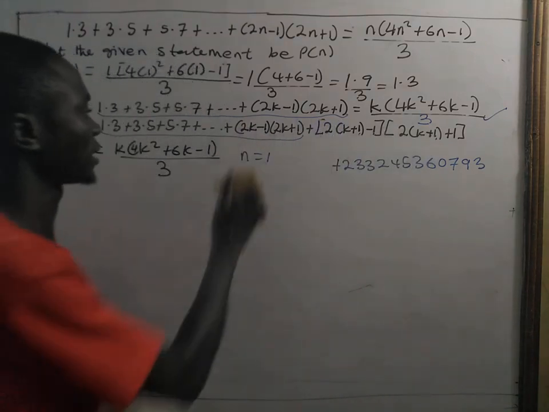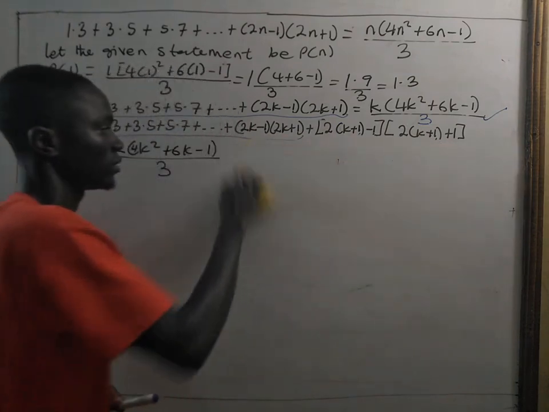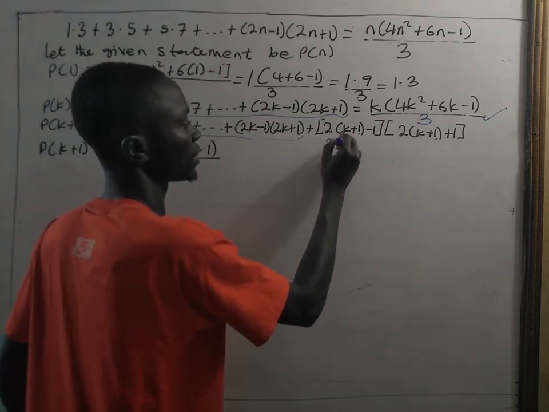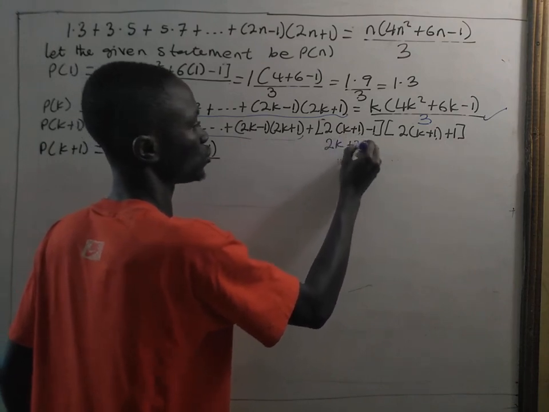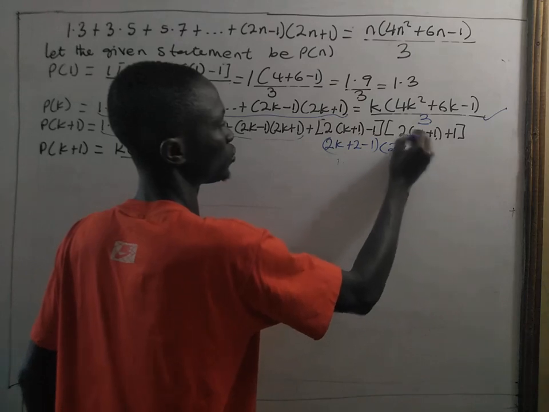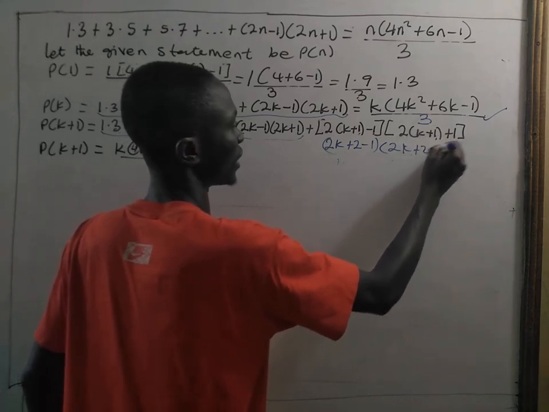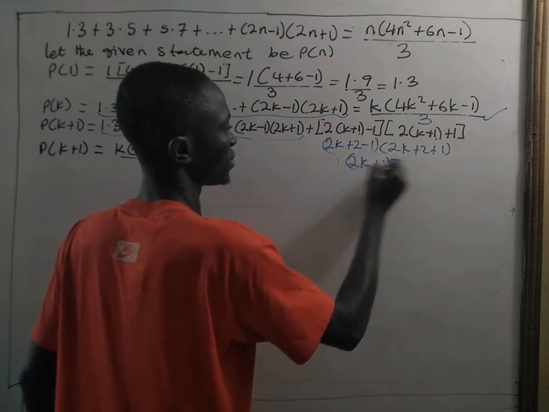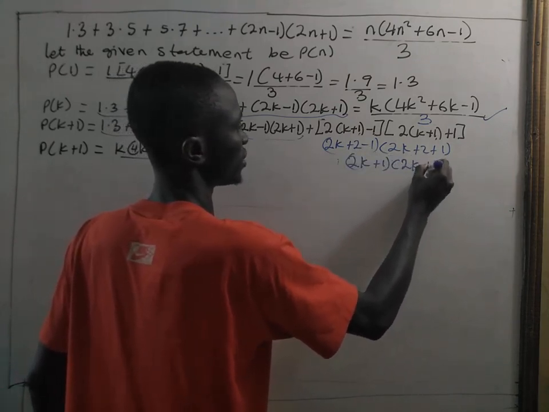So let me expand that one. That one will give me 2 times k, 2k, 2 times 1 is 2, minus 1. 2 times k is 2k, 2 times 1 is 2, plus 1. This gives us (2k plus 1) times (2k plus 3).